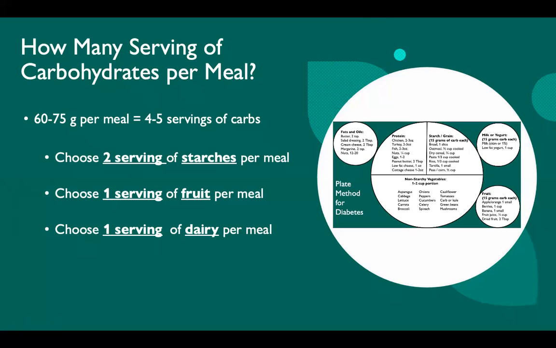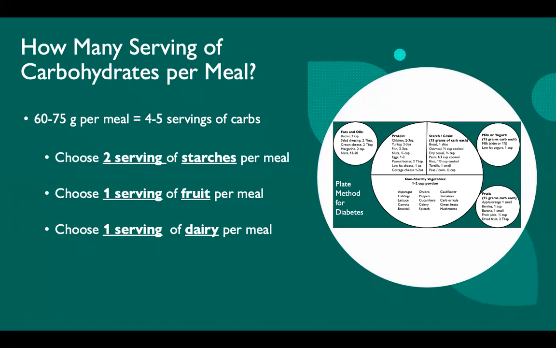It could be whatever you want to choose. But you would get essentially 30 grams of carbs for starches or 2 servings. You would choose 1 serving of fruit, so 15 grams of carbs of fruit, and then you would choose one dairy option or 15 grams of carbs from dairy.